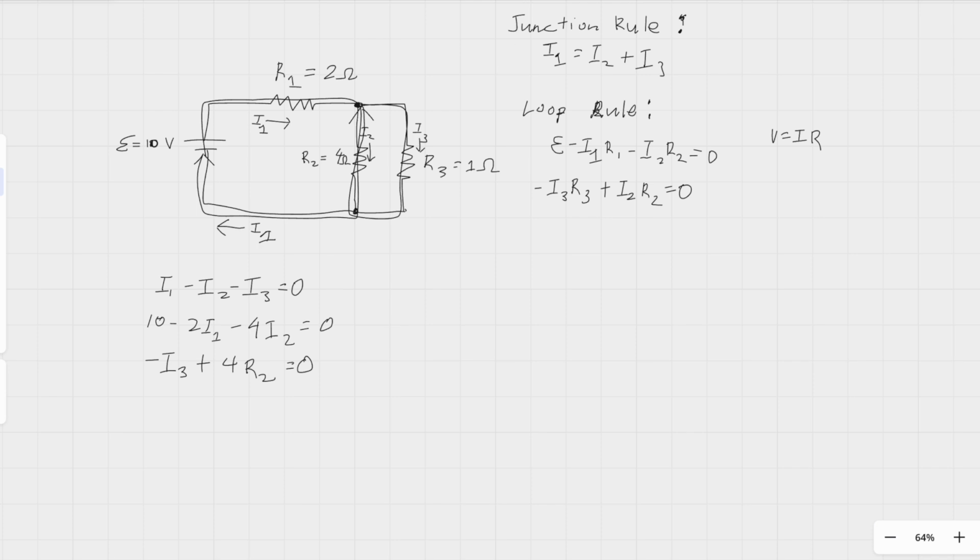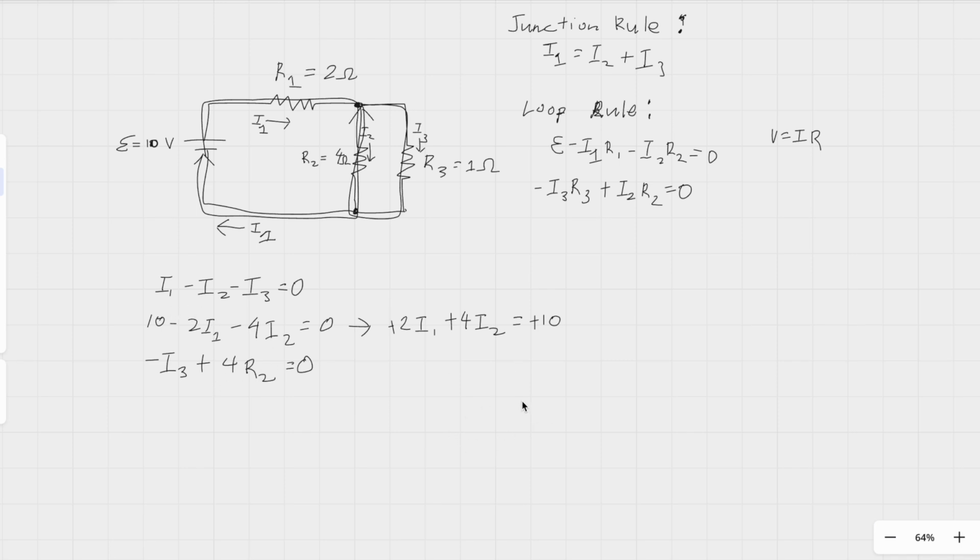And yeah, you can simplify the second one even more into negative 2I1 minus 4I2 equals negative 10. And you can just make all these positive. And there you go, you have a system of 3 equations.